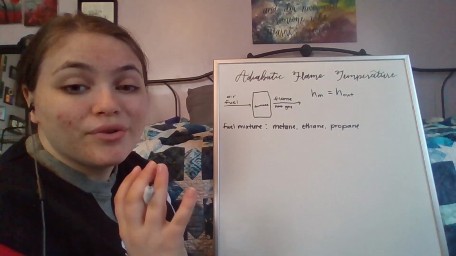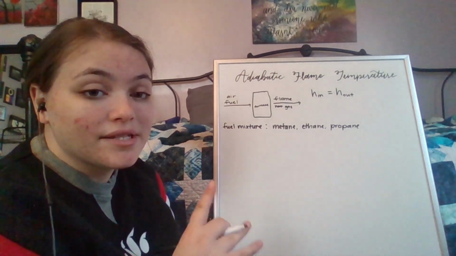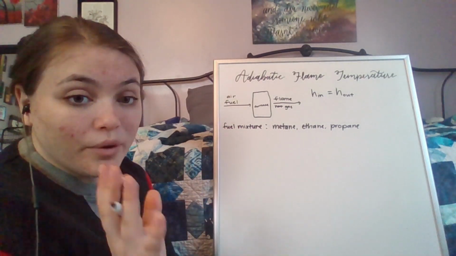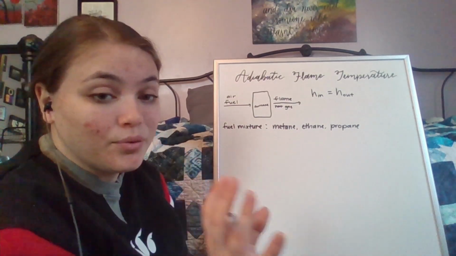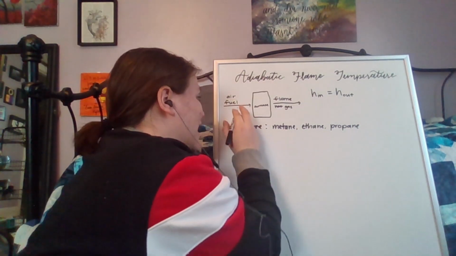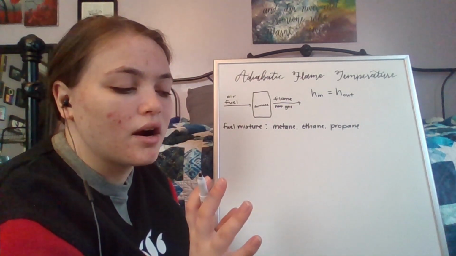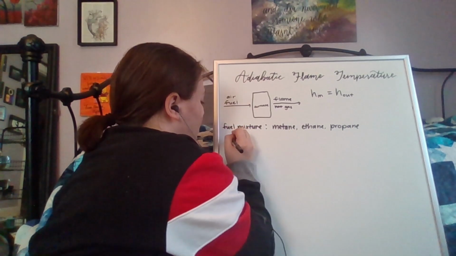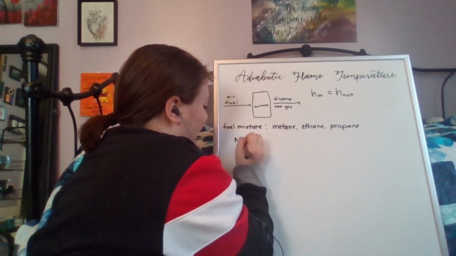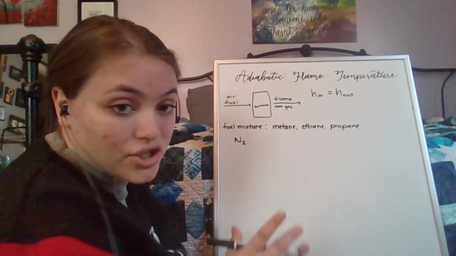So what we're going to do now is for each of those sections of the mixture, we are going to put in a chemical equation. So our air isn't pure oxygen. Okay, so in this system, our air is some nitrogen gas and oxygen gas.